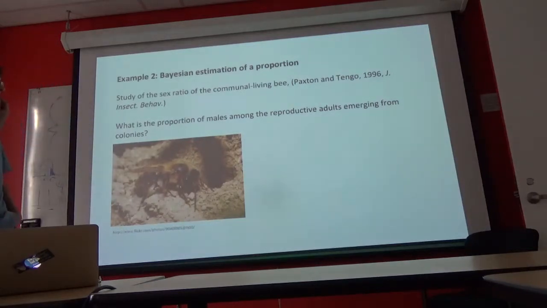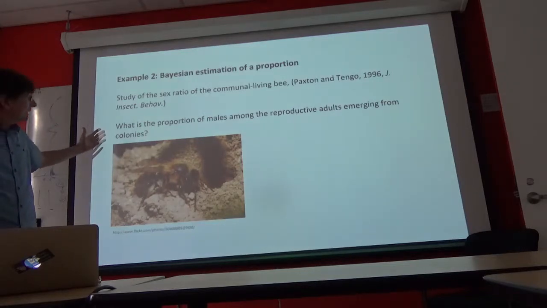So here's an example, okay? I dug this up from a journal where some new species of bee was discovered and they wanted to know something about the sex ratio, the fraction of individuals emerging from this colony that was male and that was female.